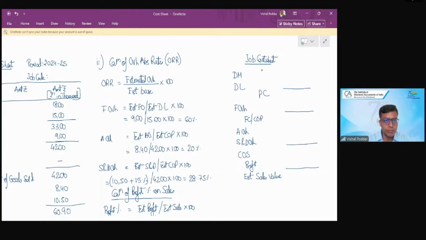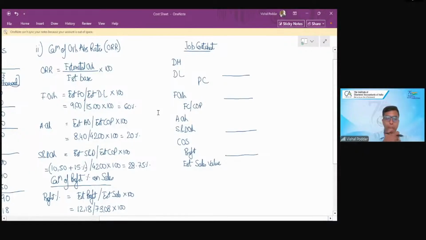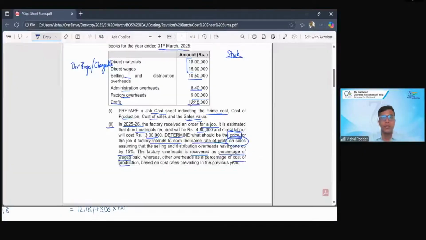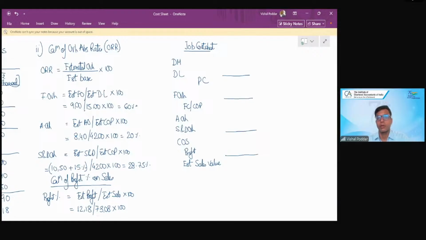Anurag has given something. Okay, he has also given me the percentages. Fine. So let me fill in. 480 is material and 3 lakhs is labor. 780. Factory overheads was 3 lakhs into 60%.